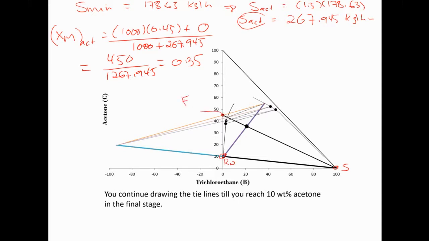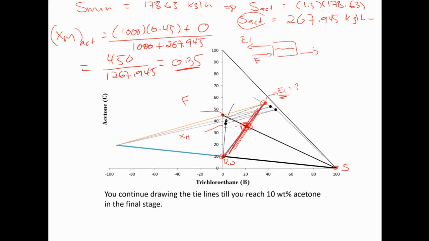So now I know this point already, and I know the solvent, and I know the feed. All I have to do is to determine what is the value of XE here. It's not given, but I know now XM. So I go to XM, I go horizontally, I locate the crossing, and I extend my line, and I draw a line here that is passing through this one. And then the crossing here will represent E1. Why? Because E1 is at equilibrium with R1.